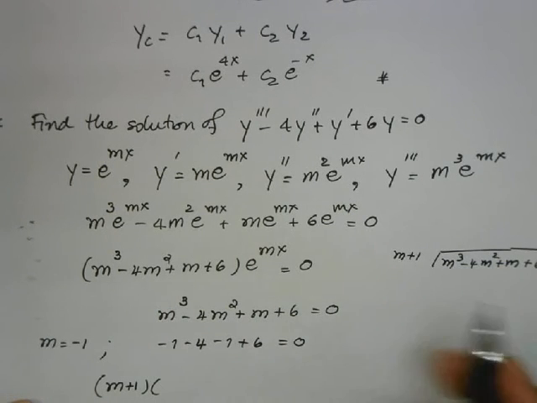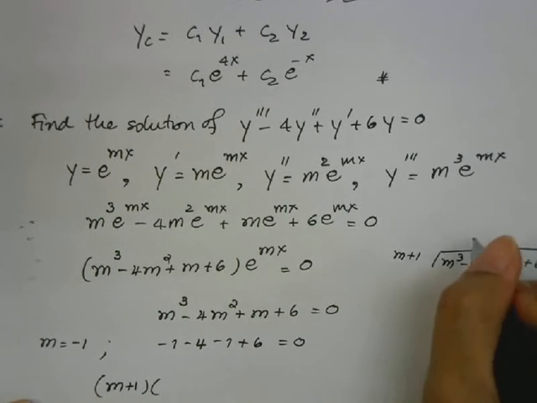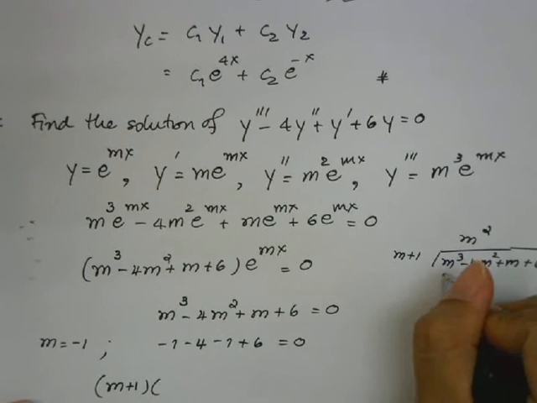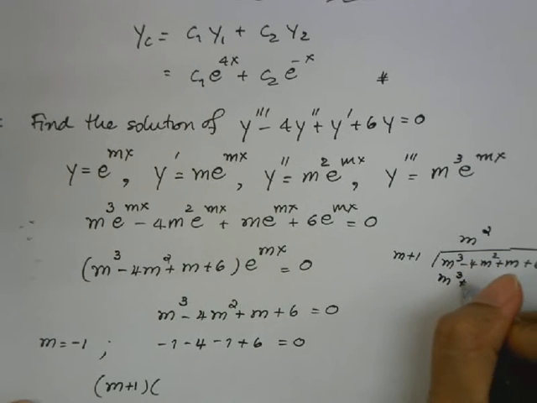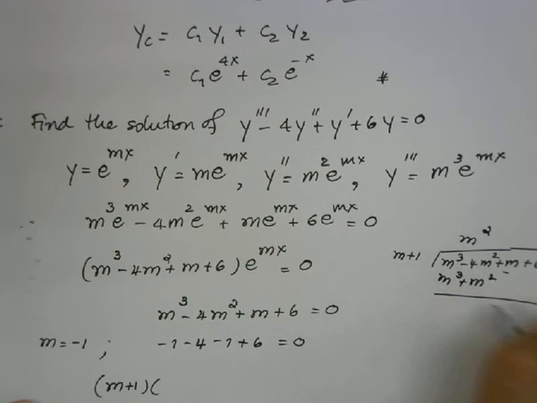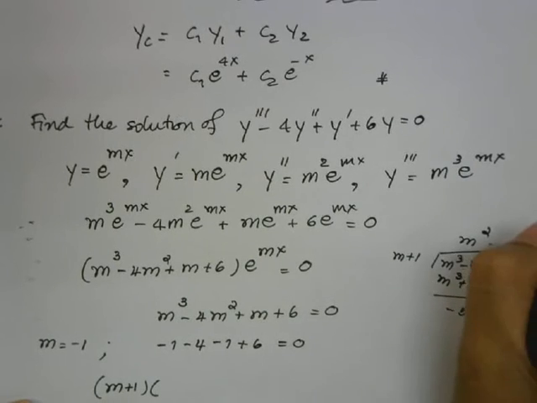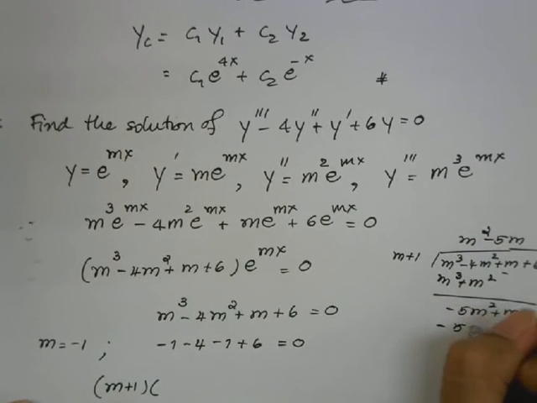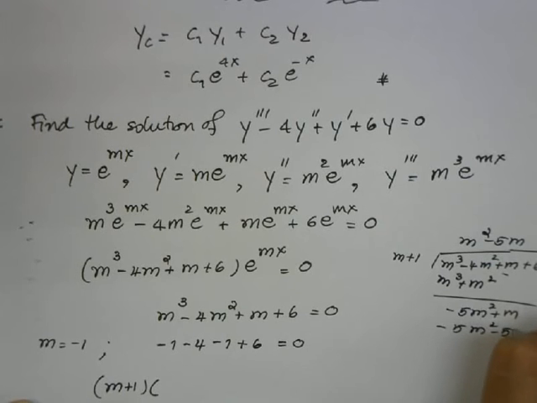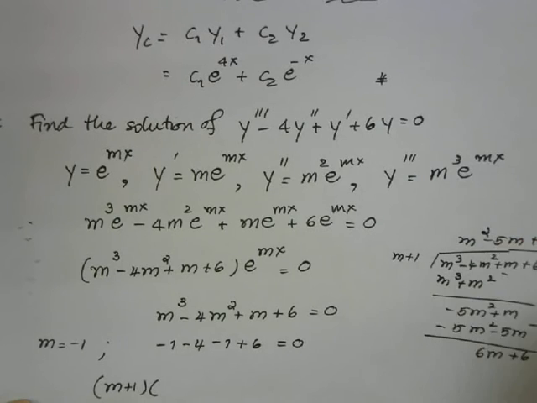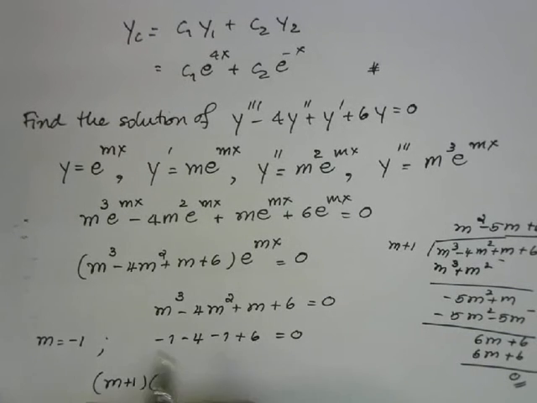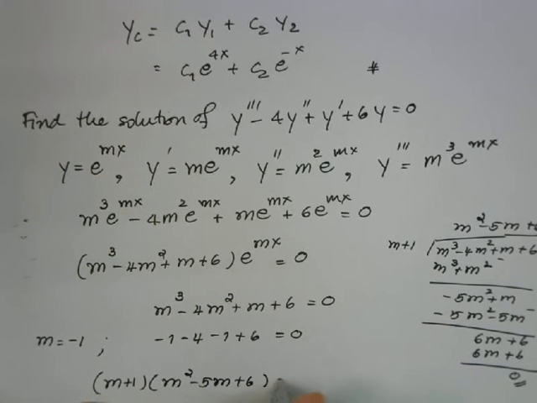What times m is equal to m to the power 3? m to the power 2, right? If you do minus 3, you get minus 5m squared. You do minus, you get 6m. So the rest of the terms here is m squared minus 5m plus 6 equal to 0.